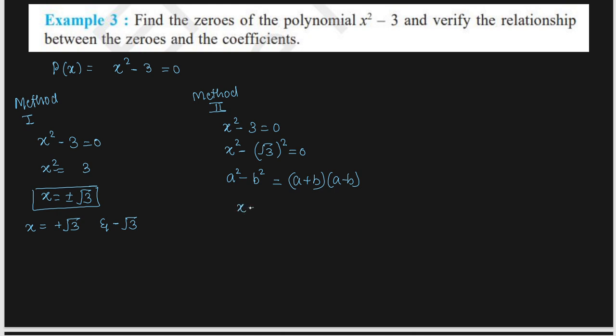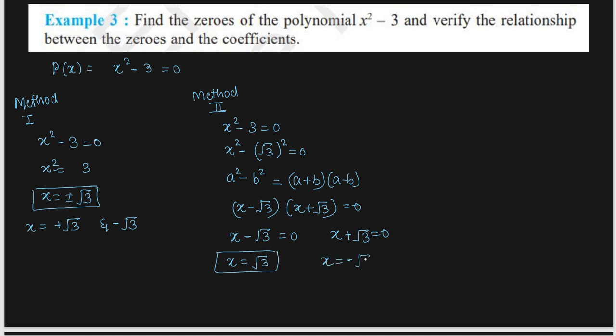So this can be written as x minus root 3 and x plus root 3, which is nothing but equals to 0. Thereby you got the two factors. Equate both to 0. You are going to get x minus root 3 equals to 0 and x plus root 3 equals to 0. Thereby x is root 3 and the second root is x equals negative root 3. Same answer but a different approach. Whatever you like, you can follow.